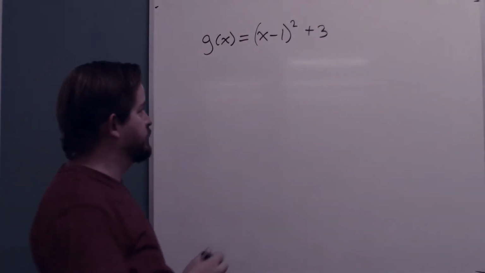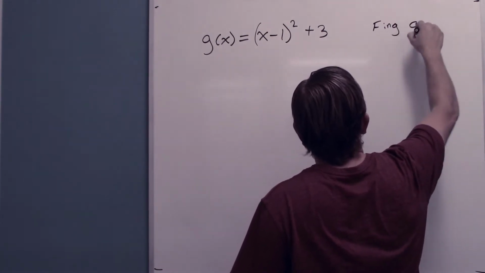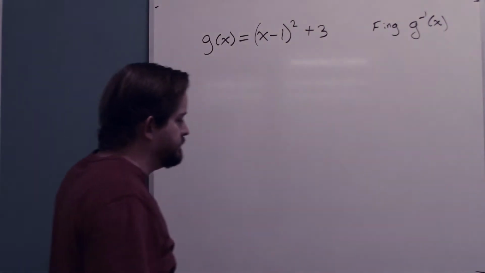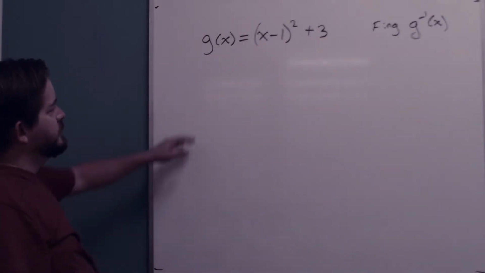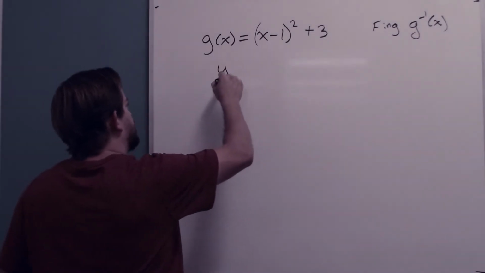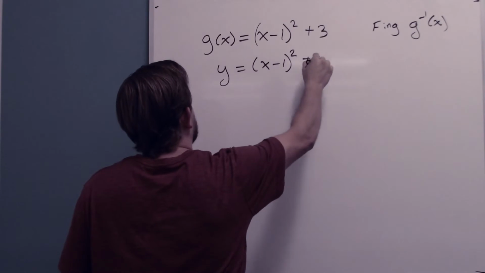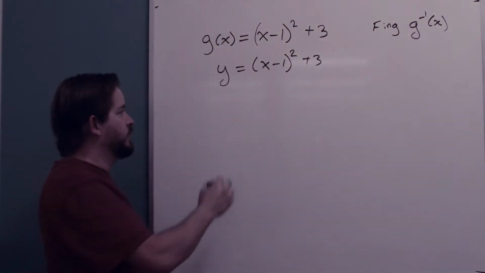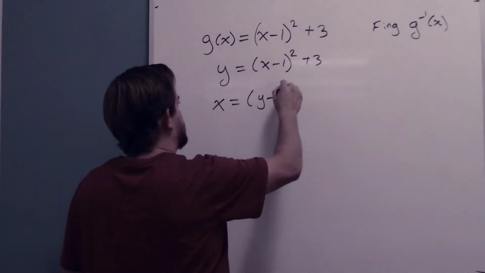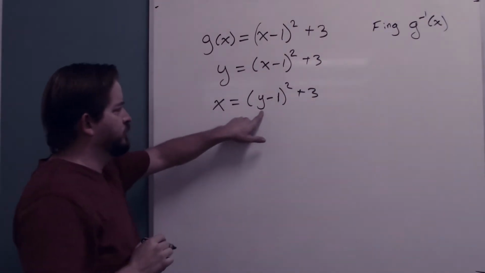So that's what we want to do, is find the inverse. So the first thing I would do is get rid of the g of x notation in favor of y. Swap my x's and y's, so this becomes x equals y minus 1 squared plus 3. And then solve for y.